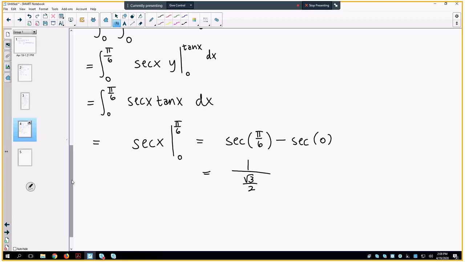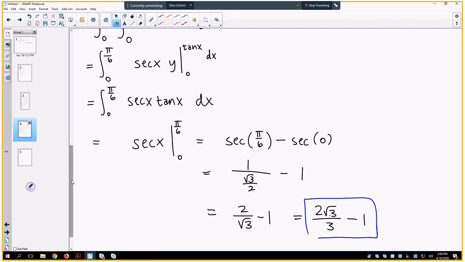And cosine of 0 is 1, so it should be minus 1 over 1. And that is 2 over square root of 3 minus 1. Or if you prefer to rationalize it, 2 square root of 3 over 3 minus 1. And that should be good enough to answer the question.